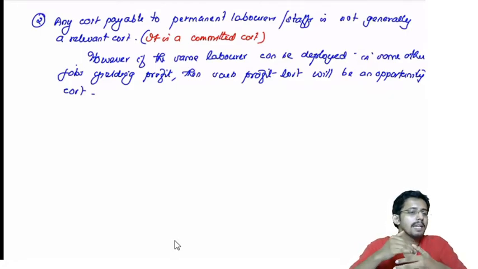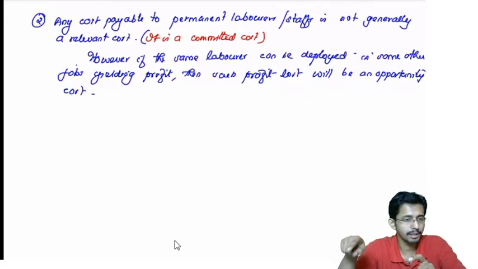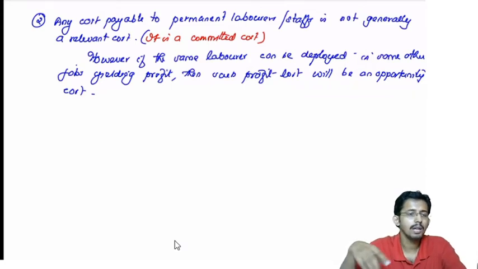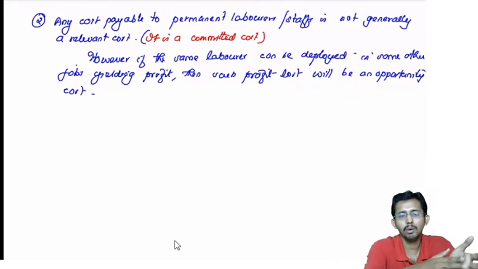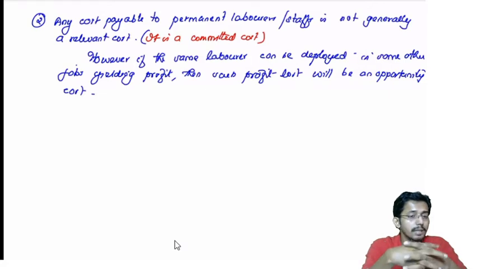Okay, so you are paying, let us say, 1 lakh rupees per month to that particular chartered accountant. Now, as far as you are concerned, you are computing the relevant cost of this particular order or audit. Okay, now for which you require the service of that permanent chartered accountant. Now, the salary to that permanent chartered accountant you have to pay irrespective of whether you undertake this particular audit or not, because he is a permanent laborer.